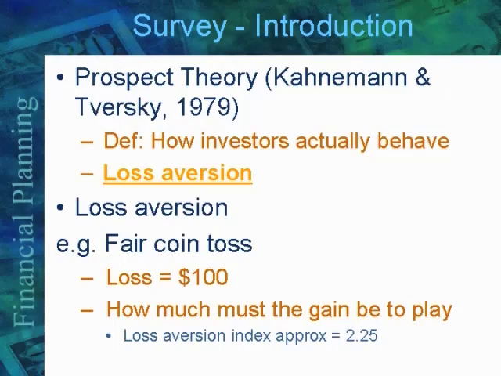So the prospect theory that was proposed by Kahneman and Tversky in their seminal paper in 1979 basically put together a theory of how investors actually do behave, not should behave. Tversky did not receive the Nobel Prize because he passed away before 2002, and you can't get the prize posthumously. And their theory is based on the idea that individuals are not risk averse, but loss averse.